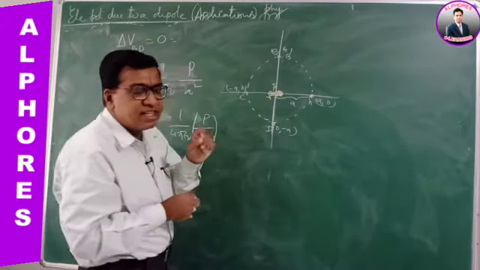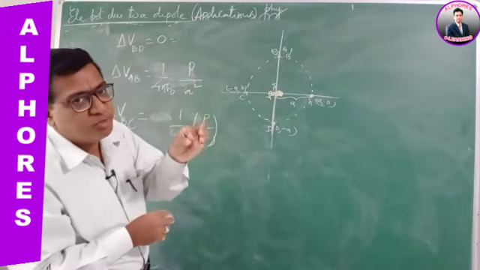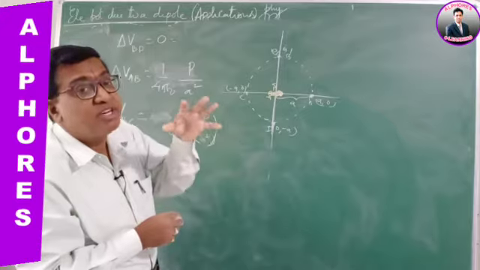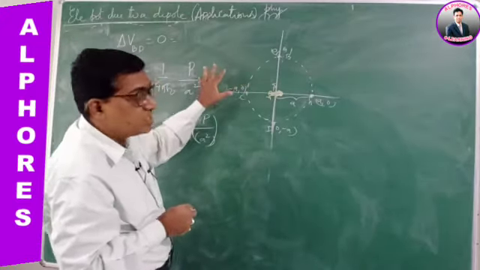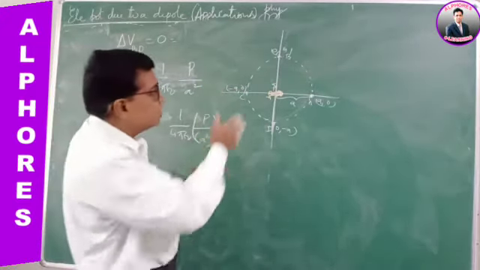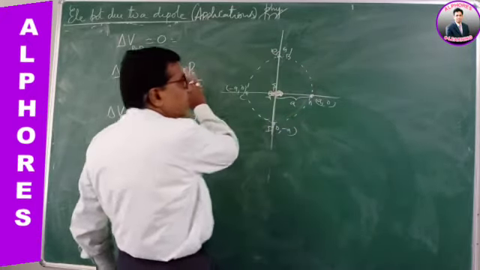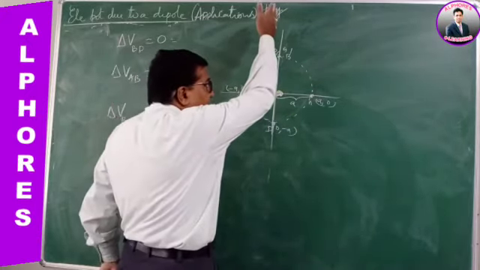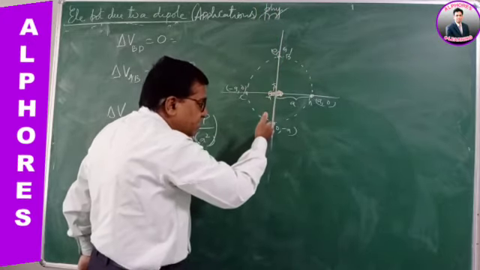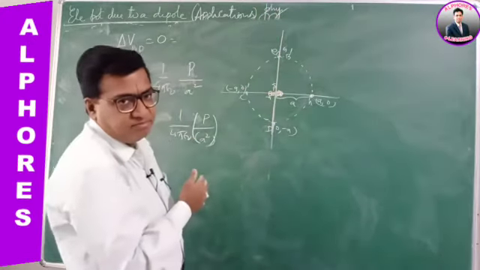So negative potential is more, positive potential is less, negative potential dominates, and at all these points the resultant potential is minus. So with respect to the y-axis, at all the points on this side it is positive, on this side negative, and at all the points on the y-axis the potential is 0.